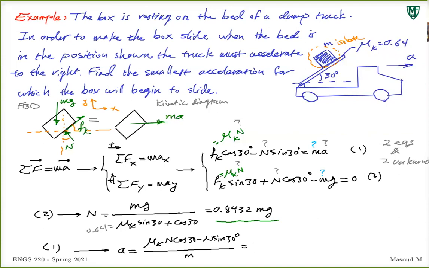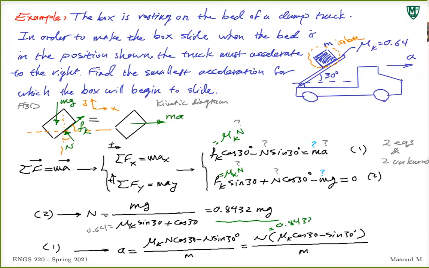Right? Now I'm going to factor out N from there. So N becomes mu k cosine 30 degrees minus sine 30 degrees divided by m. Now see what happened. I found N as a function of mg, right?